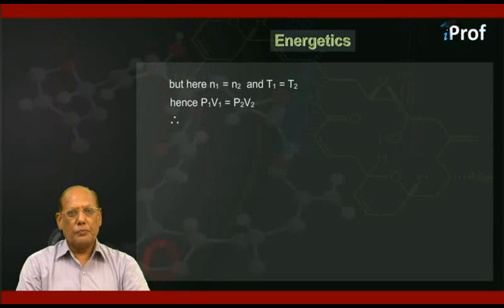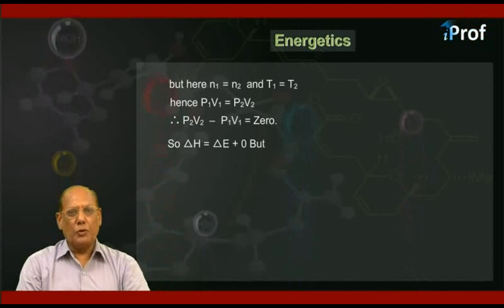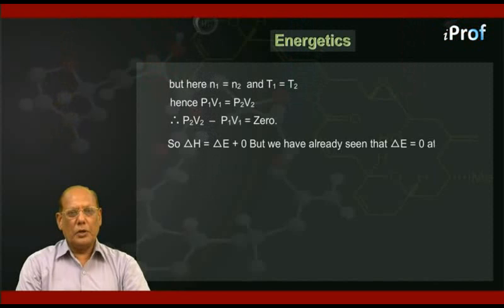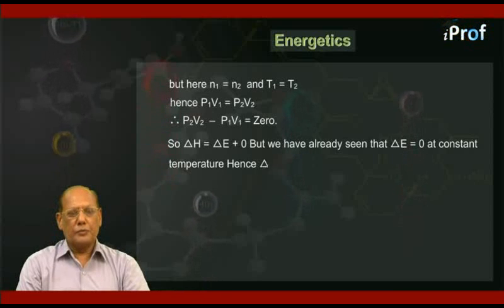Hence P2V2 minus P1V1 is equal to 0. Therefore delta H is equal to delta E plus 0. But we have already seen that delta E is equal to 0 at constant temperature. Hence delta H will be equal to 0 plus 0, that is 0.